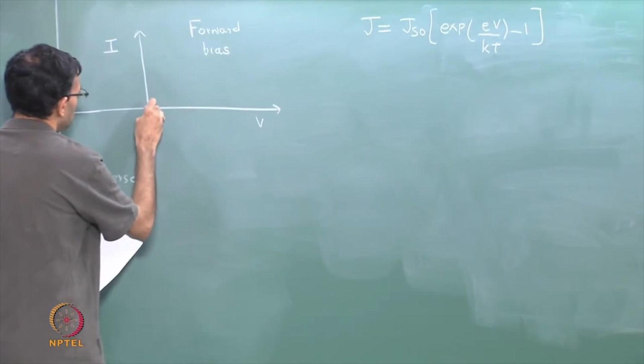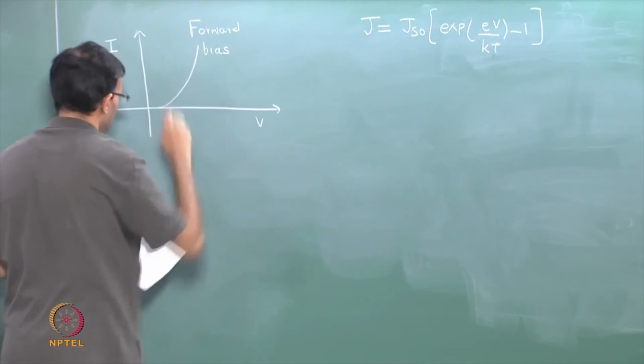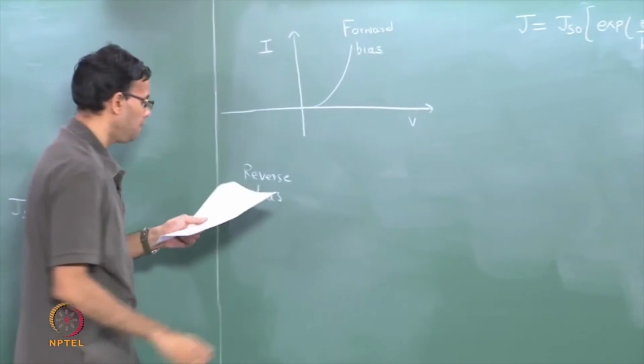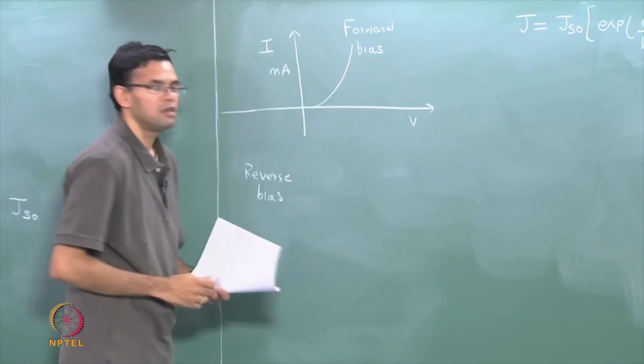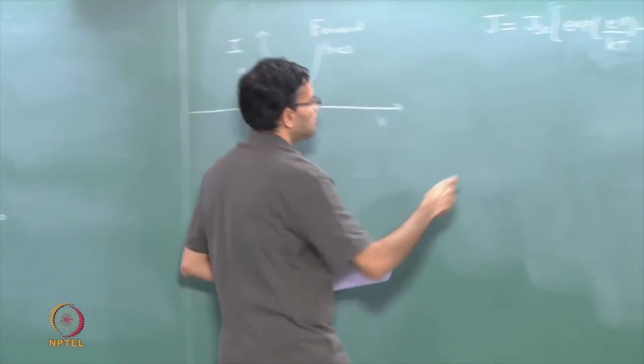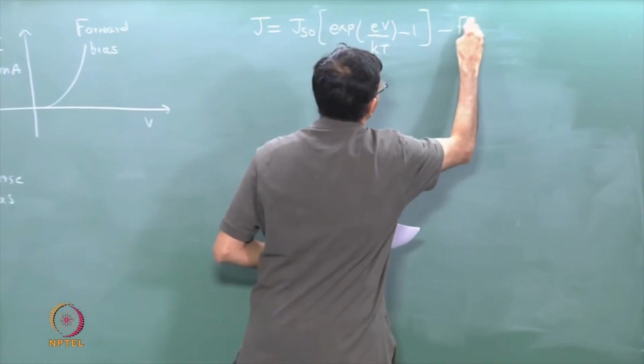So if you were to draw this, I have a current that increases exponentially. Typical values of the current are of the order of milliamps. So this is in the case of forward bias.